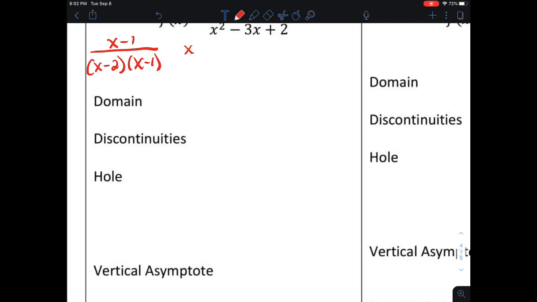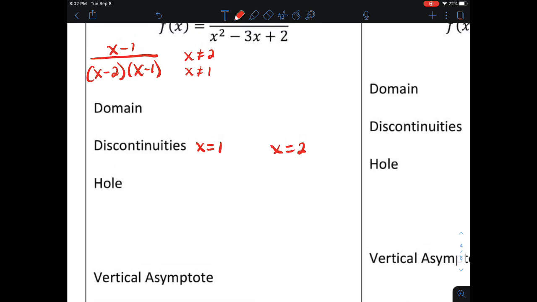The x values that make the denominator 0 have to be excluded from my domain, so that means x cannot equal 2 and x cannot equal 1. Those are my discontinuities, so I'm going to write those x values as my discontinuities, and we'll classify their types of discontinuities in a moment.